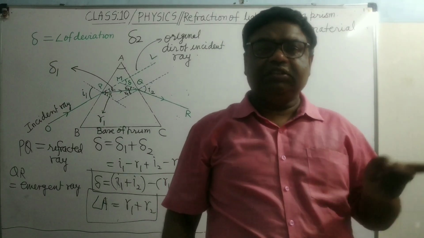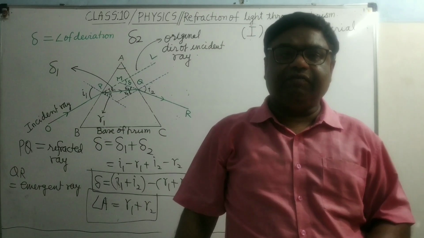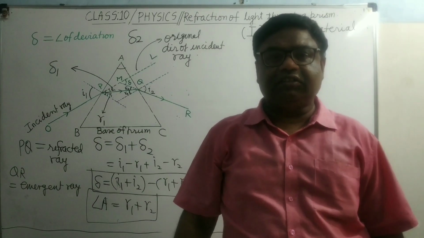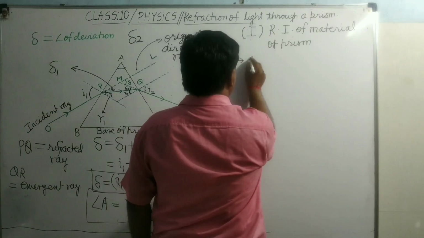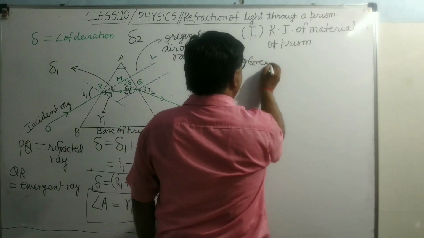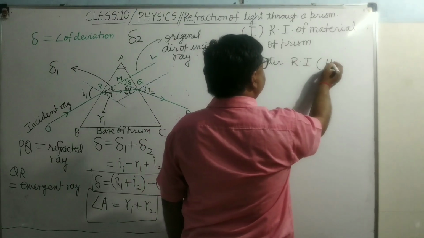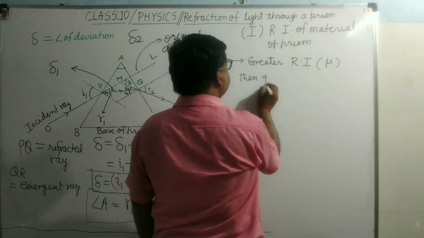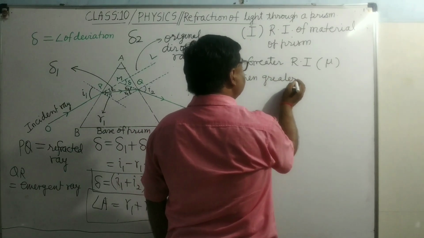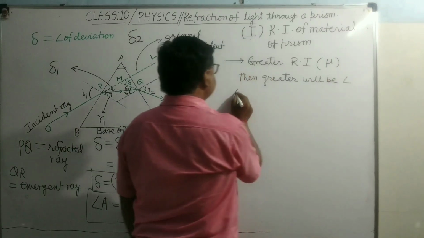The more the refractive index, the more the bending, which means the more the angle of deviation. Refractive index is represented by the symbol mu. Greater mu, greater the angle of deviation.